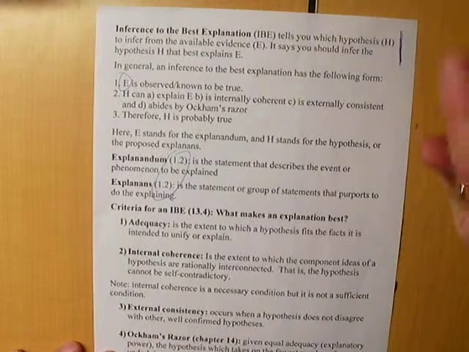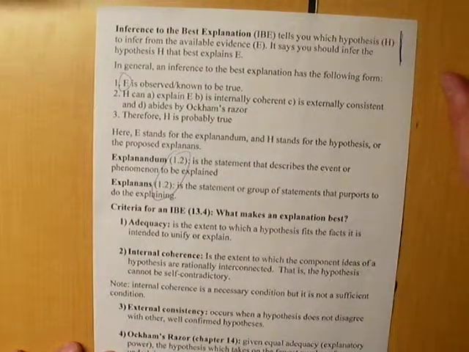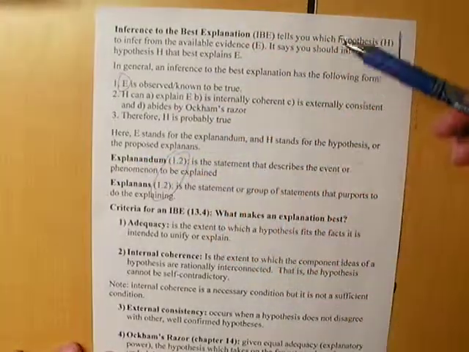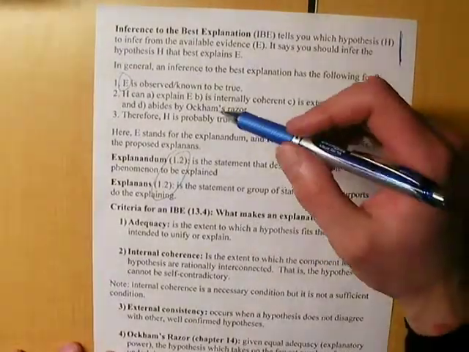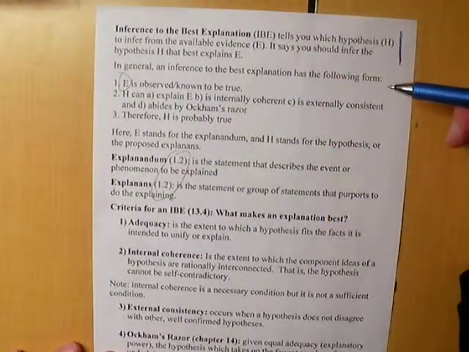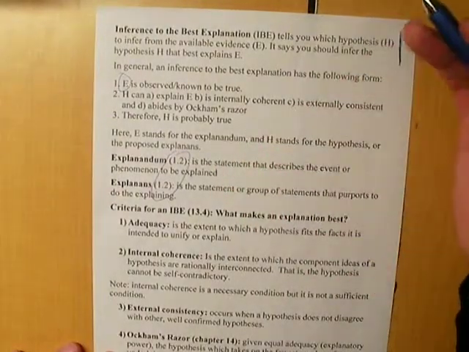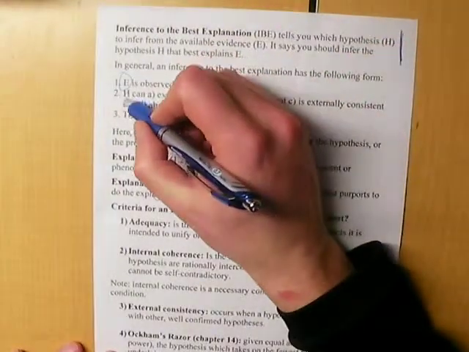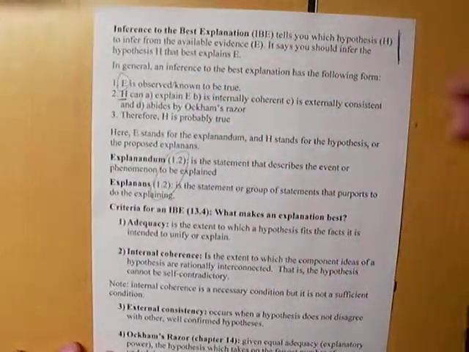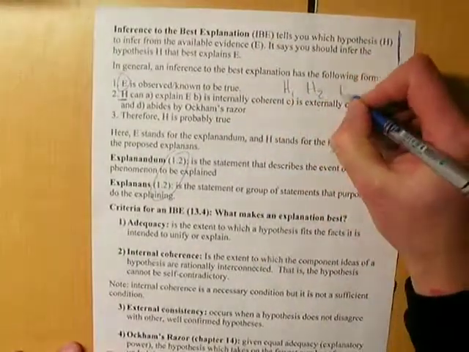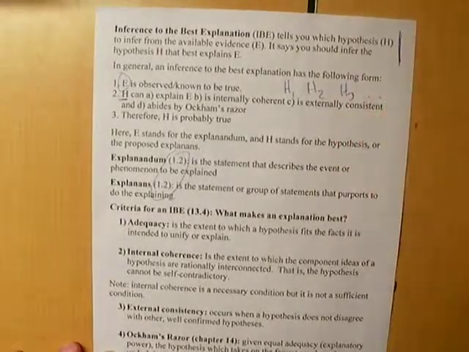So we've got E, some established fact, something that we know to be true, maybe even something that we've seen with our own 2 eyes. And this fact, E, the explanandum, requires an explanation. So we're going to consider competing hypotheses, competing theories, that is, that can explain E. So H will stand for our hypothesis, and we might have H1, H2, H3, so on and so forth.